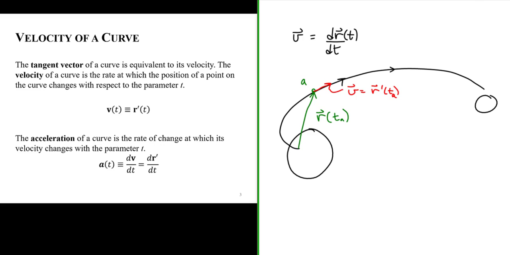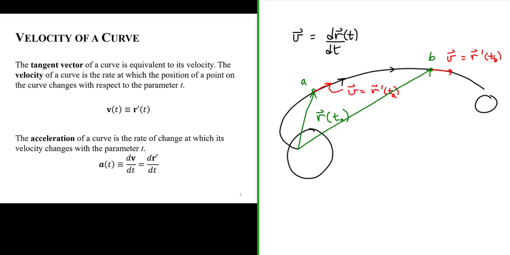If we look at a different point on the curve, let's say a later point, we will call this just point B. The velocity vector at point B is, again, the derivative of the position function evaluated at the time t equals b.